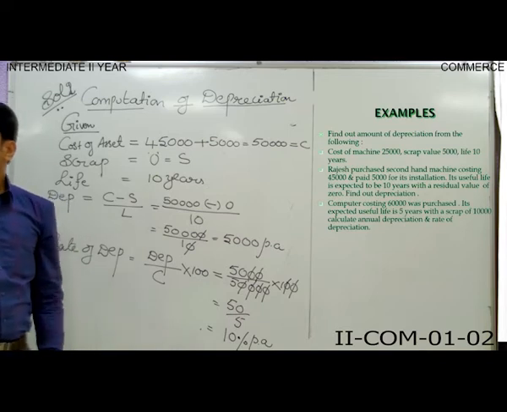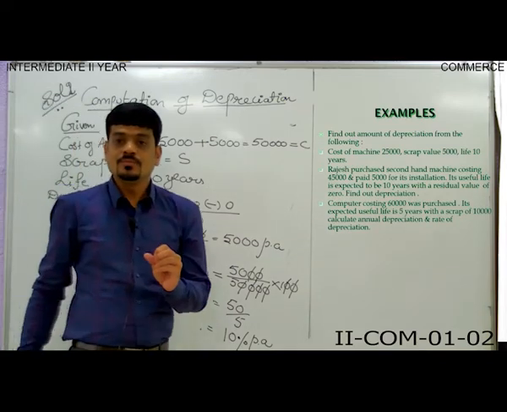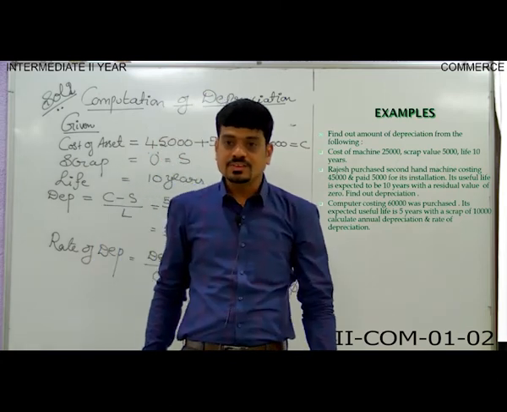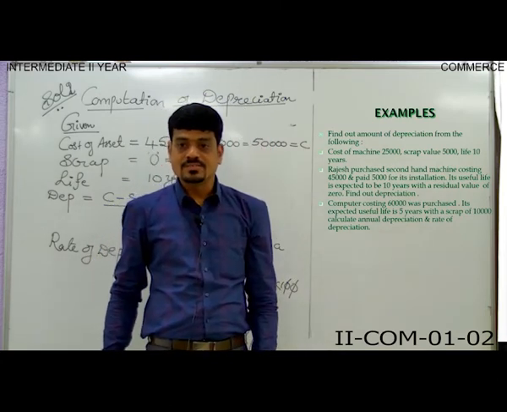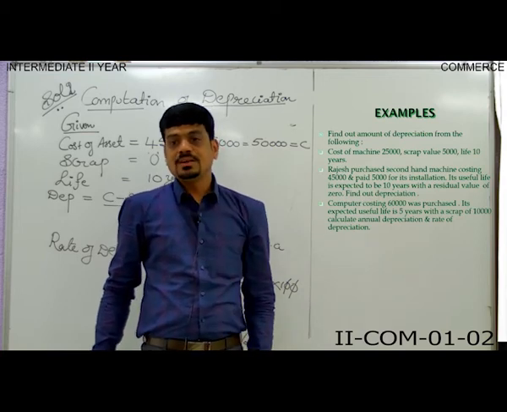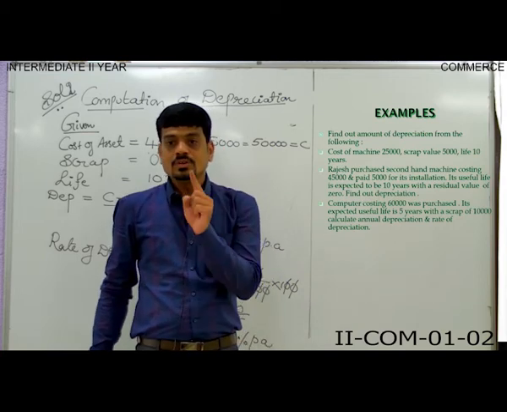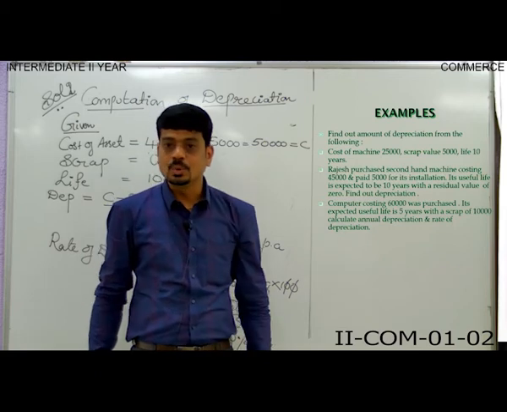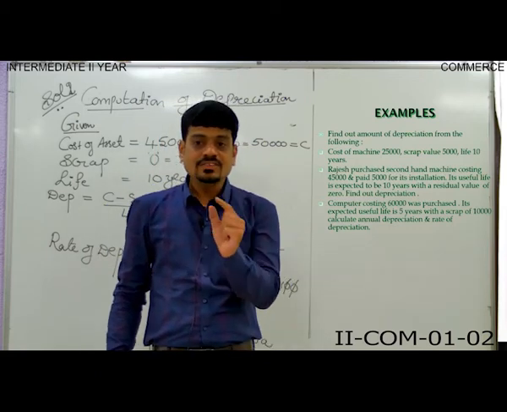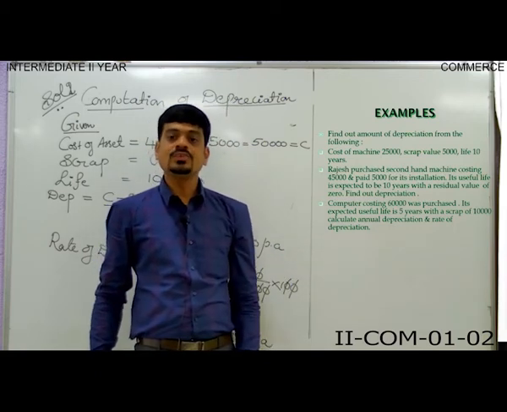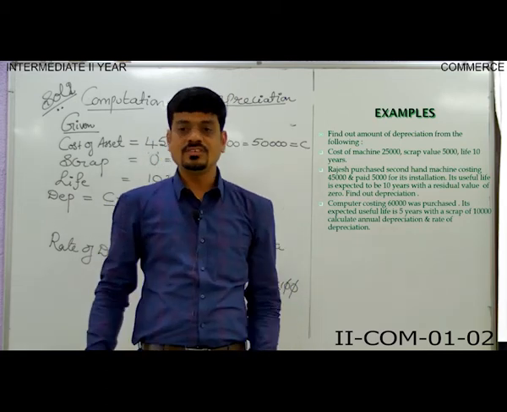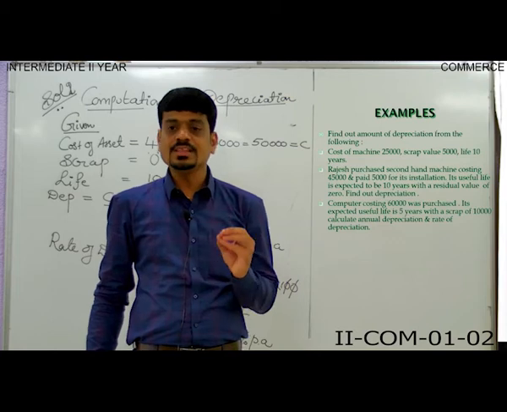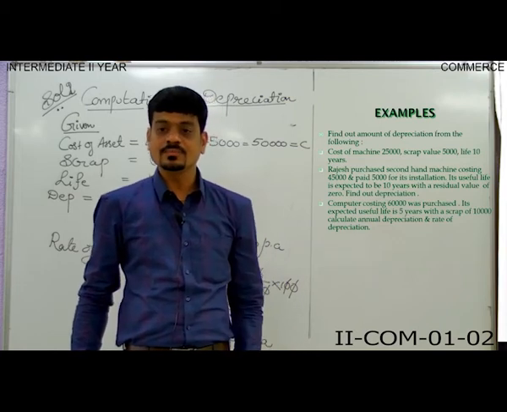What is given? Cost of the computer is 60,000. How much is the useful life? 5 years. And how much is the scrap? 10,000. So, C minus S by L, if you do it orally, I am telling, 60,000 minus 10,000 divided by 5. 60,000 minus 10,000 is how much? 50,000. 50,000 divided by 5 is how much?